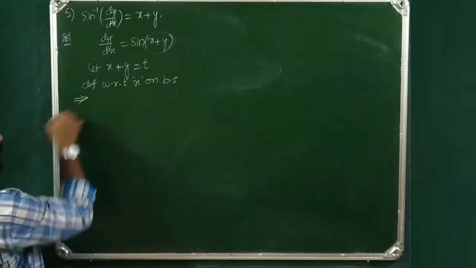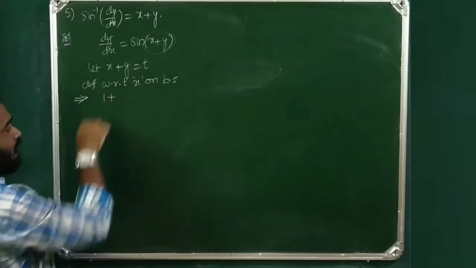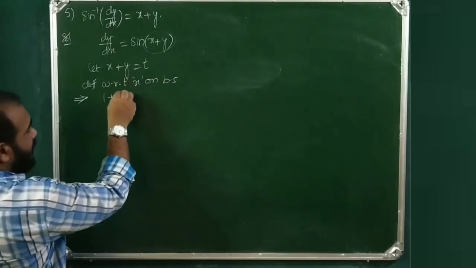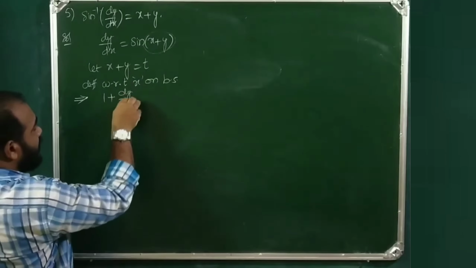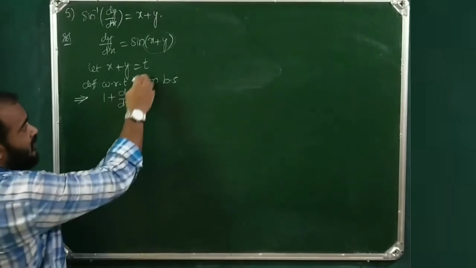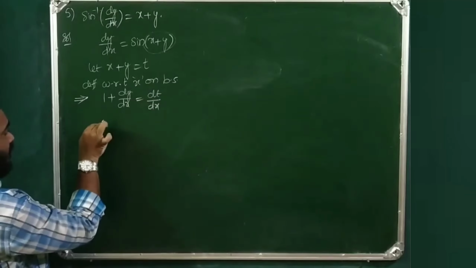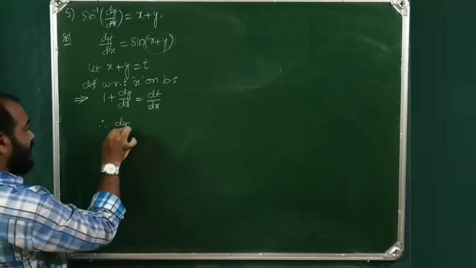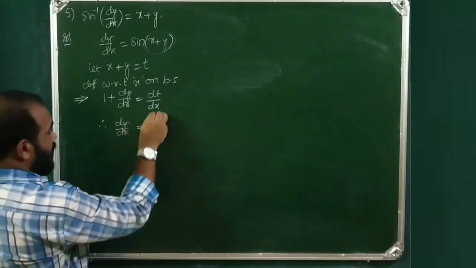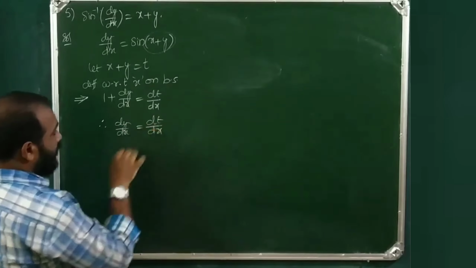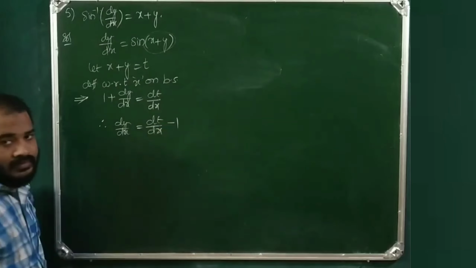This is d by dx of x is 1 plus d by dx of y is dy by dx, equal to d by dx of t is dt by dx. Therefore, from this, dy by dx is equal to dt by dx minus 1.